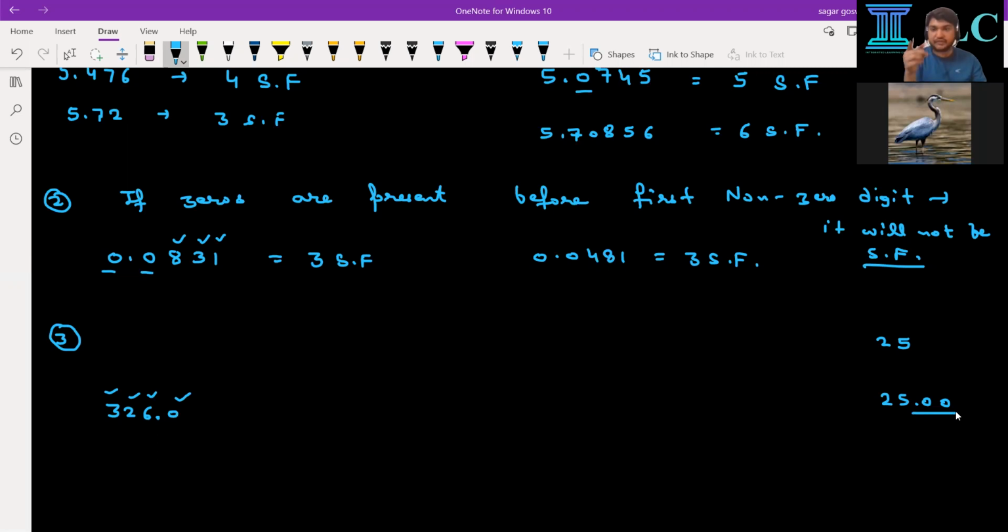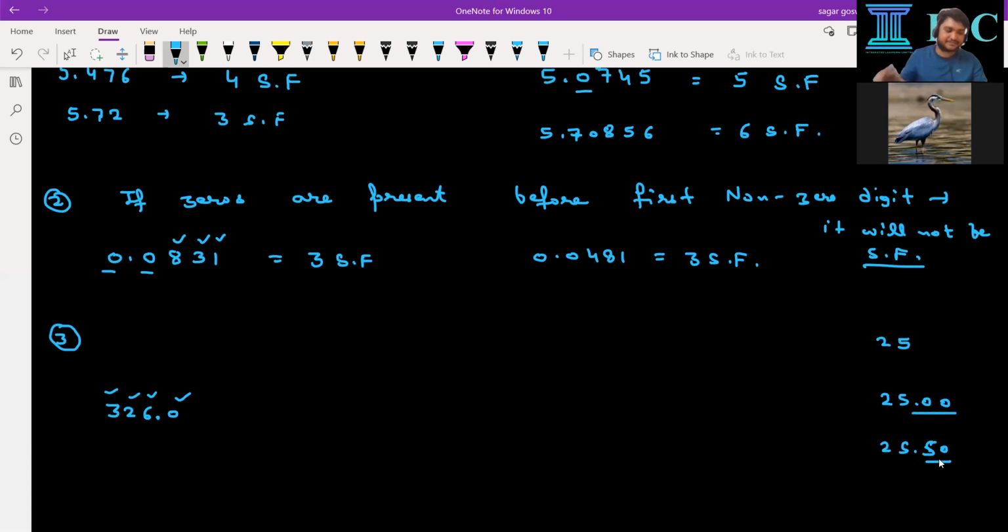If you have taken 25 rupees 50 paise from me, I will take care of this point 50 as well. I will not say, just give me 25 only. I will say, give me my complete amount, 25.50. So when you are considering these two digits after the point, they are considerable.